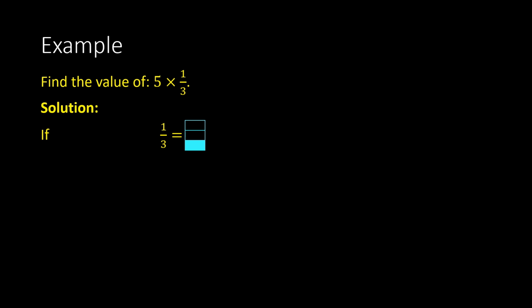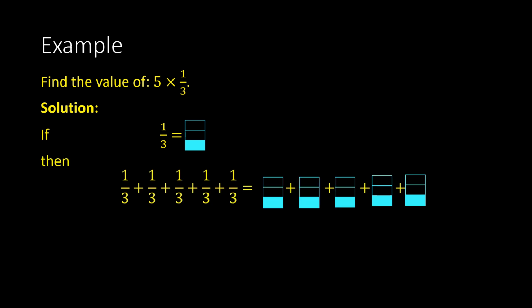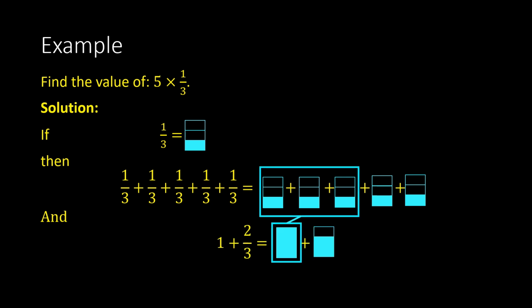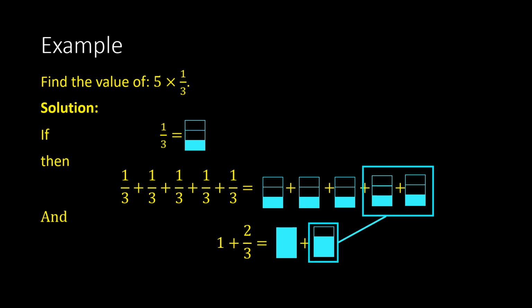Let's look at solving this with the aid of diagrams. 1/3 will look something like the diagram shown. If we multiply 1/3 by 5, then this is equivalent to 1/3 being added to itself 5 times, or alternatively represented by the boxes shown on your screen. 3 of those boxes are equivalent to the whole as shown, and the 2 remaining boxes are equivalent to 2/3 of a box as shown here.